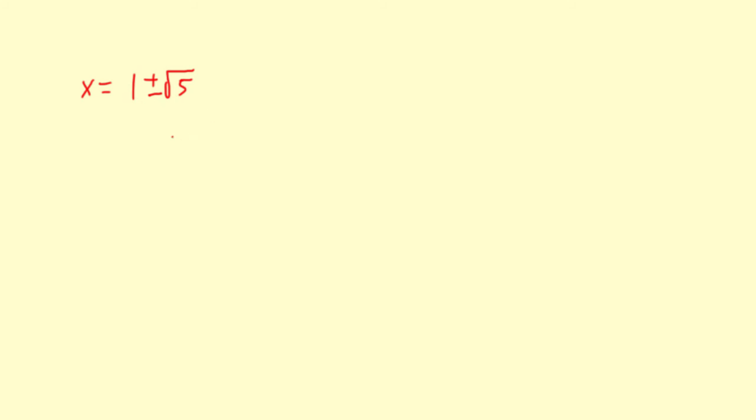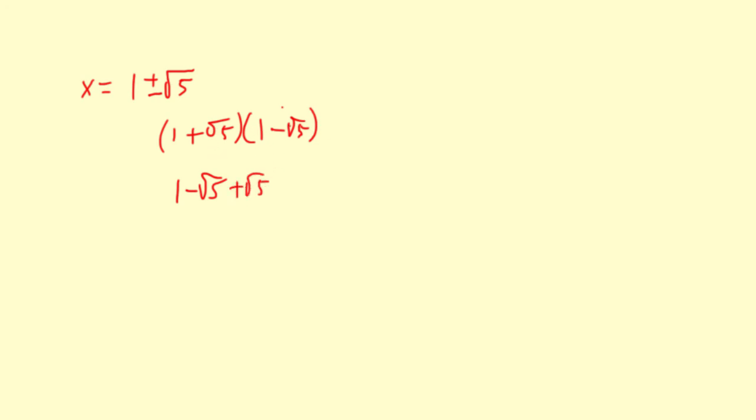If you FOIL this out, 1 plus square root of 5 times 1 minus square root of 5. So you FOIL this out, 1 times 1 is 1. 1 times negative square root 5 is minus square root 5. And then square root of 5 times 1 is plus square root 5.